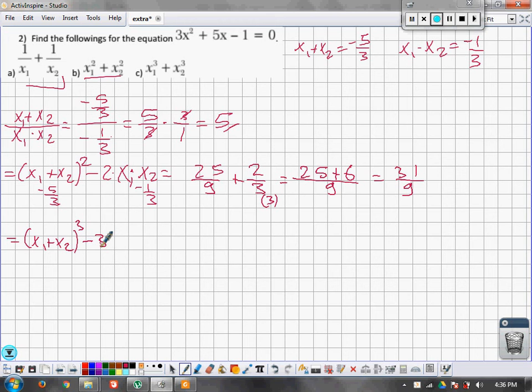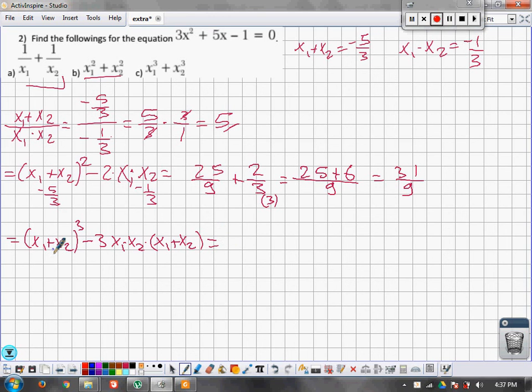So it was minus 3 times x1 times x2 times x1 plus x2. So, let me think that we will start with plus, then in the second one, minus. So, minus 3x1 squared. We must have minus 3x1 and multiplied by x. So, this is true. Let's continue.